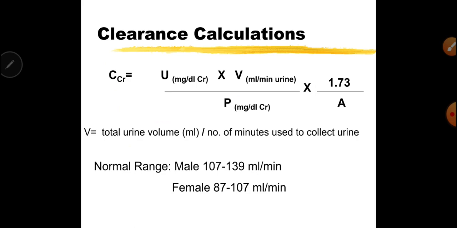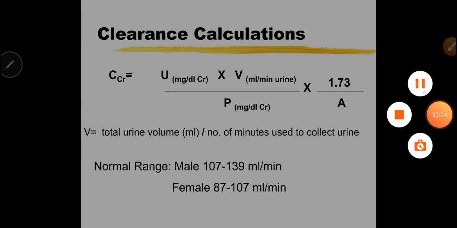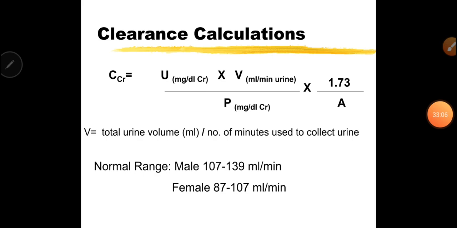Now we will have this question: how to calculate a clearance of creatinine for the evaluation of glomerular filtration. We have many components for the calculation. Let us understand these parameters. U means the concentration of creatinine in collected urine. V is the volume of urine. V can be calculated easily.